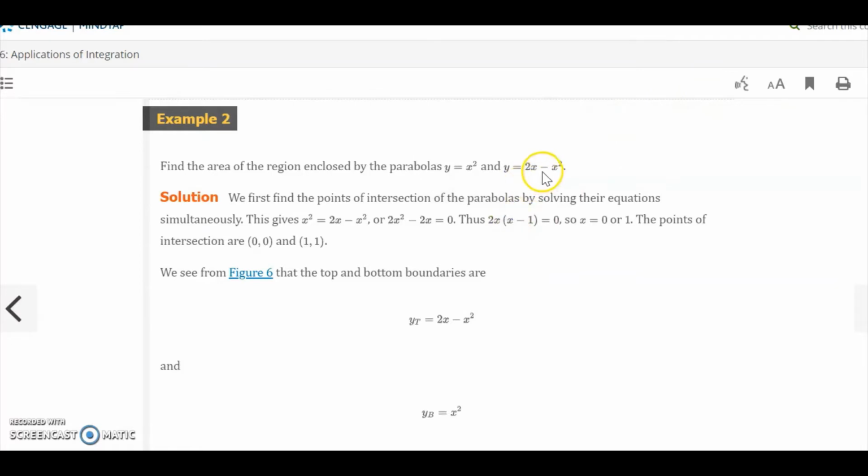Alright, so looking over in this function, we know it's going to be flipped over, so it's going to look like a hill or a mountain, an upside down U, because it has that minus sign for that leading coefficient. So if you put those two functions together, you know that this function right here is going to be on top. So that's kind of how I look at it.